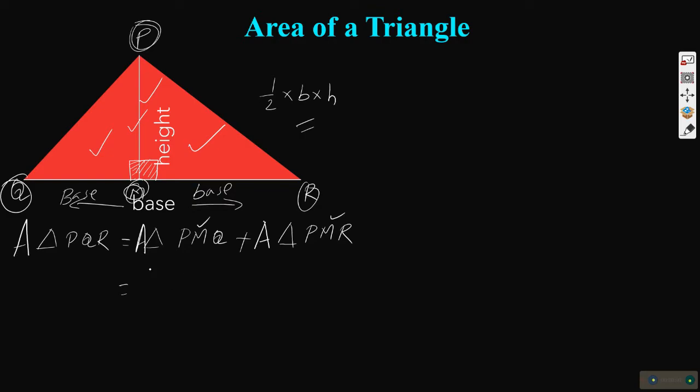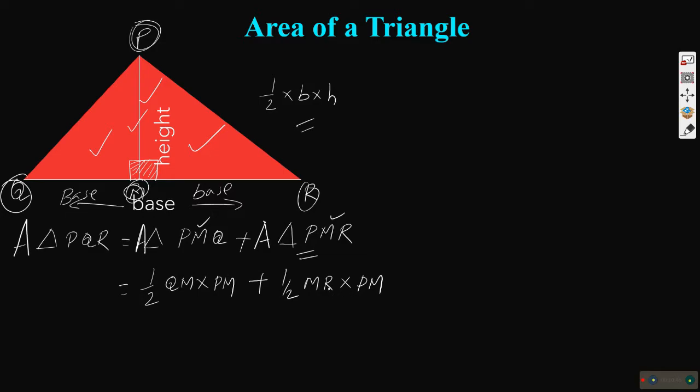How can I write this? In the case of triangle PMQ, half into the base QM into the height, which we are considering as PM, plus, in the case of the other triangle PMR, half into the base MR, and the height is again PM.